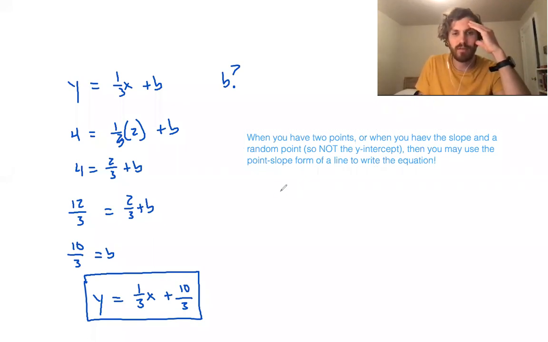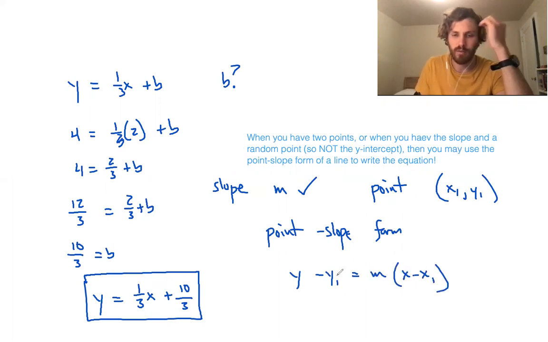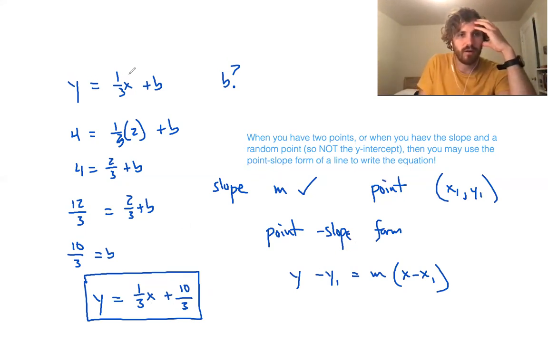So if you have the slope and you have a point, any point, let's call it x1, y1, then the equation of the line, point slope form of the line, so for any point and the slope, is written y minus y sub 1 equals m times x minus x sub 1. And so for this example, we had the slope of 1/3, great.